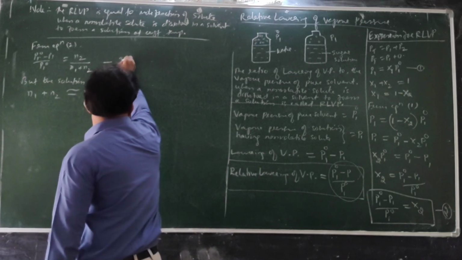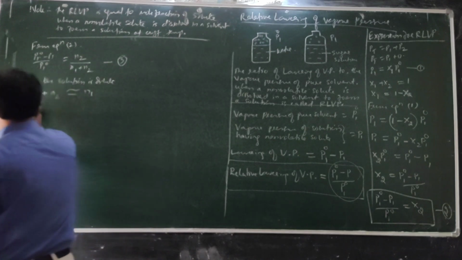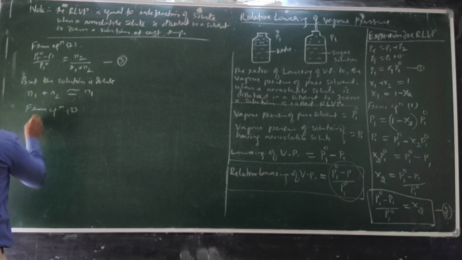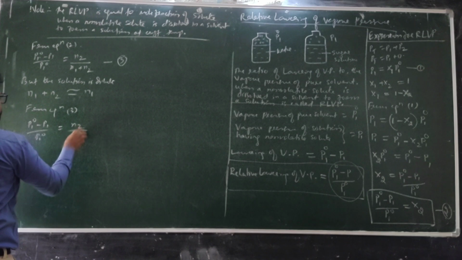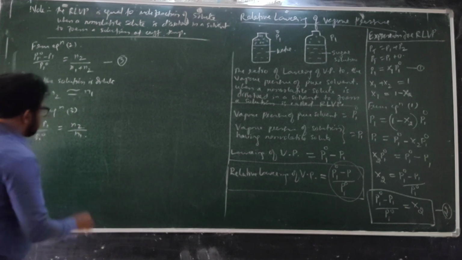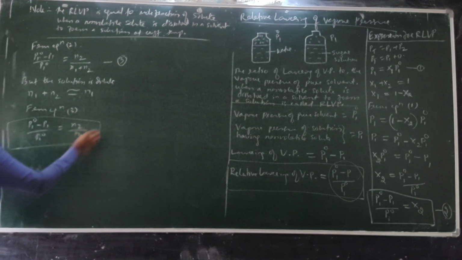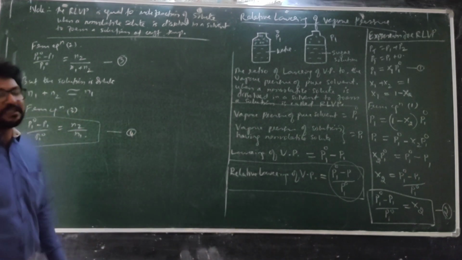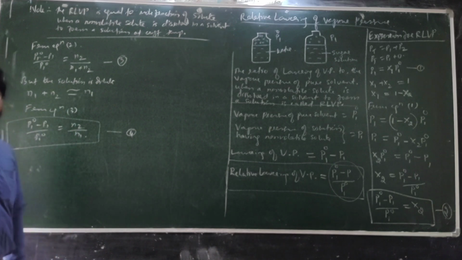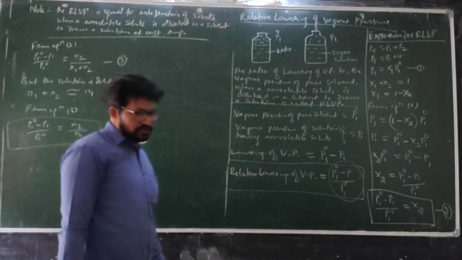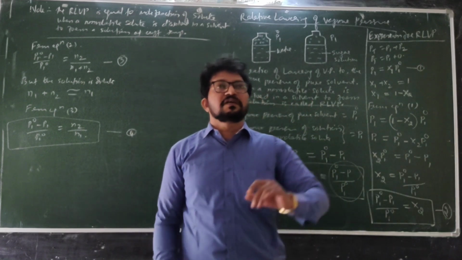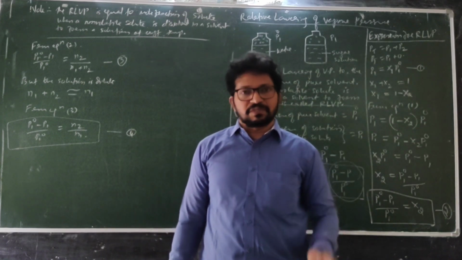Now, from equation 3, P1 naught minus P1 by P1 naught is equal to n2 by n1. You can further continue. What is n2? Number of moles of solute. What is the expression for the definition of mole? Mass by molar mass.